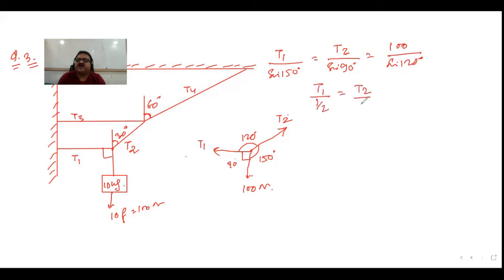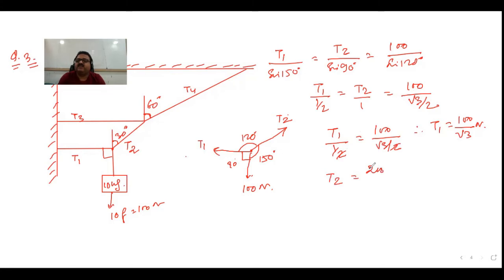T2 by sine 90 is 1, and 100 by sine 120 is root 3 by 2. Now T1 by half equals 100 by root 3 by 2. The 2 gets cancelled, so T1 equals 100 by root 3 Newton. Now what is T2? T2 is equal to 200 by root 3 Newton.